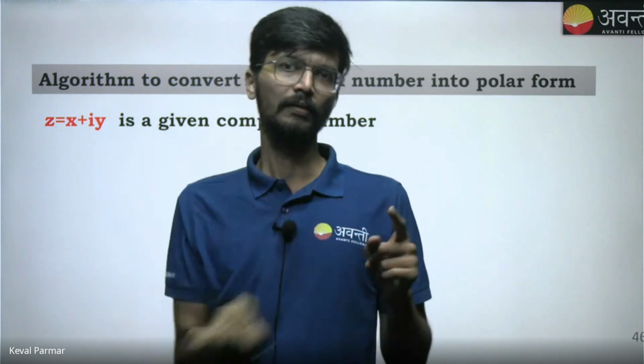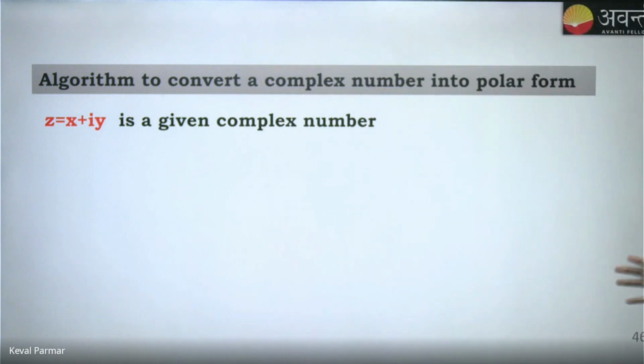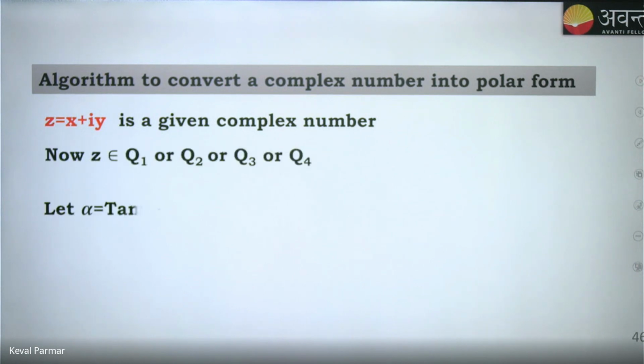It's a full circle, but it's from minus pi to pi. So using that and a bit of trigonometry, we can easily convert Cartesian form to polar form.